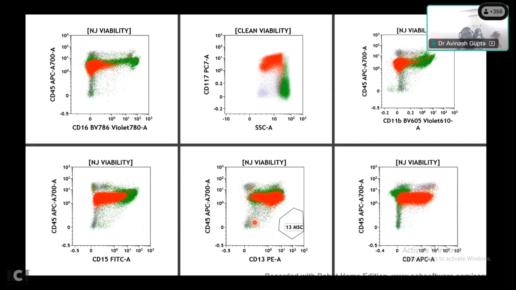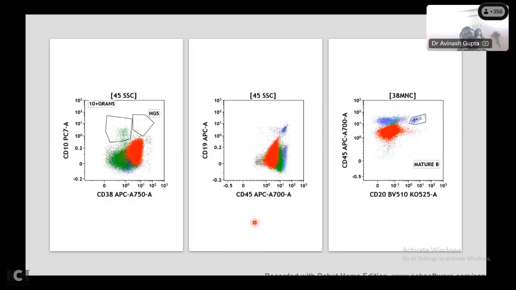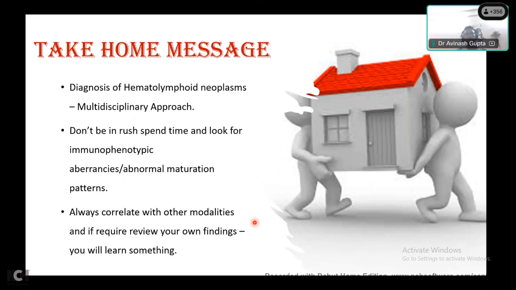So this could be biallelic CEBPA. This case was positive for biallelic CEBPA on the NGS, right? So this is an AML with biallelic CEBPA mutation. So here I'm concluding my talk.